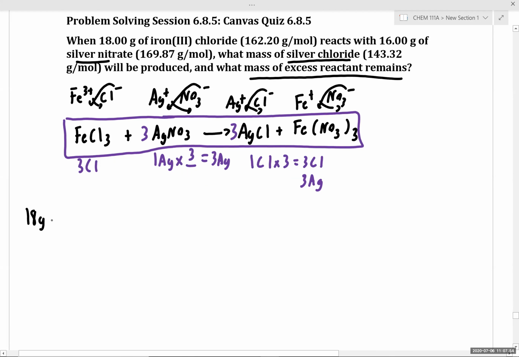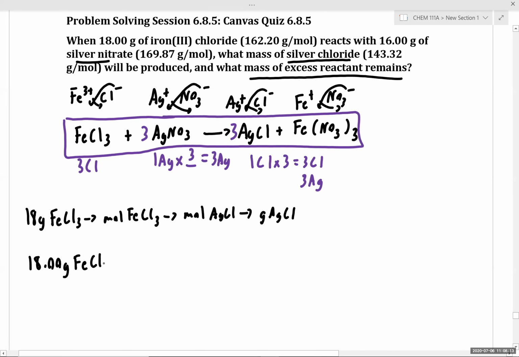We're going to go from 18 grams of iron 3 chloride to the moles of iron 3 chloride to the moles of silver chloride to the grams of silver chloride. Okay, so we have 18.00 grams of iron 3 chloride.